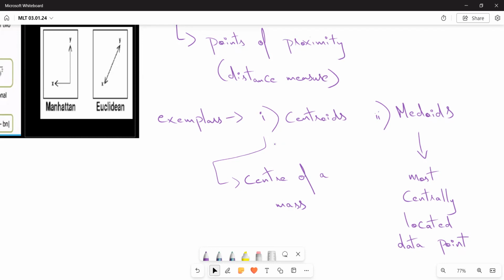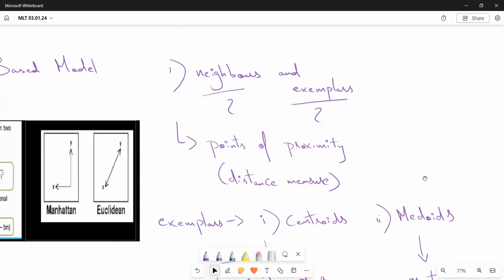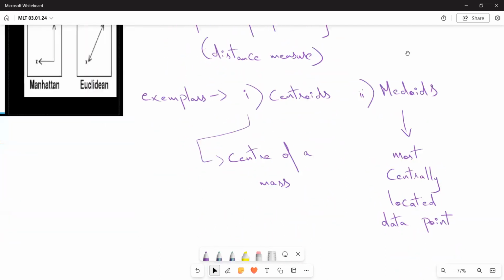Okay, so this is all about your distance-based model. It is applied to the concepts of neighbors and exemplars, where neighbors are points in proximity with respect to the distance measure. And what are these exemplars?